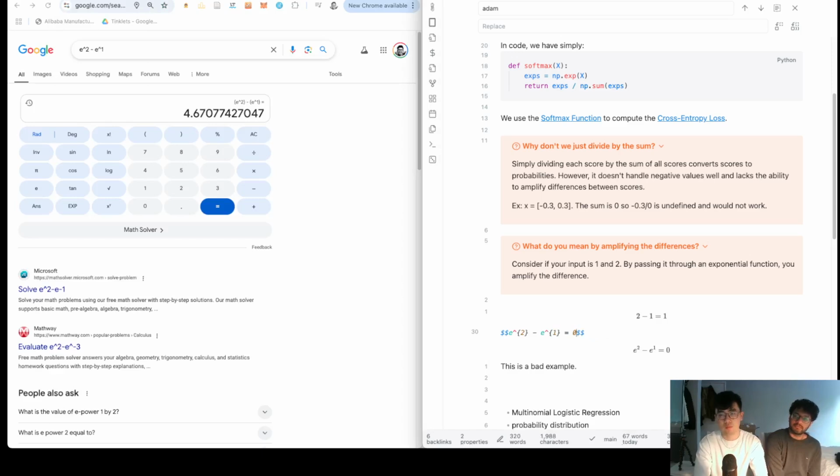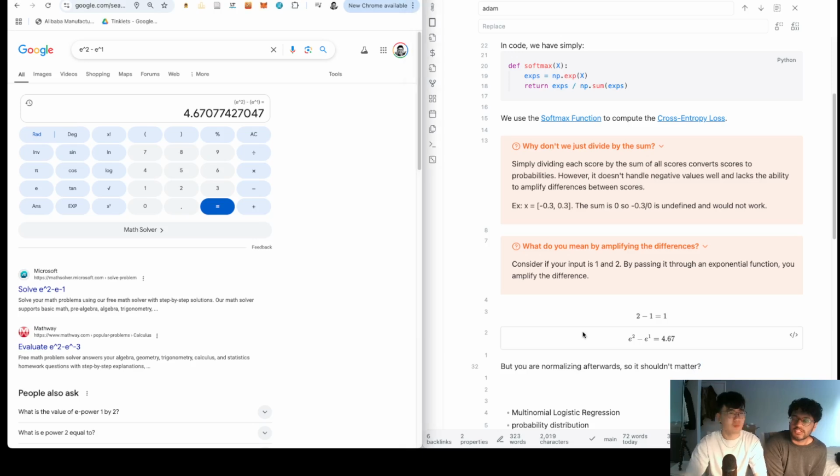Yeah, that's a better example. It does matter.